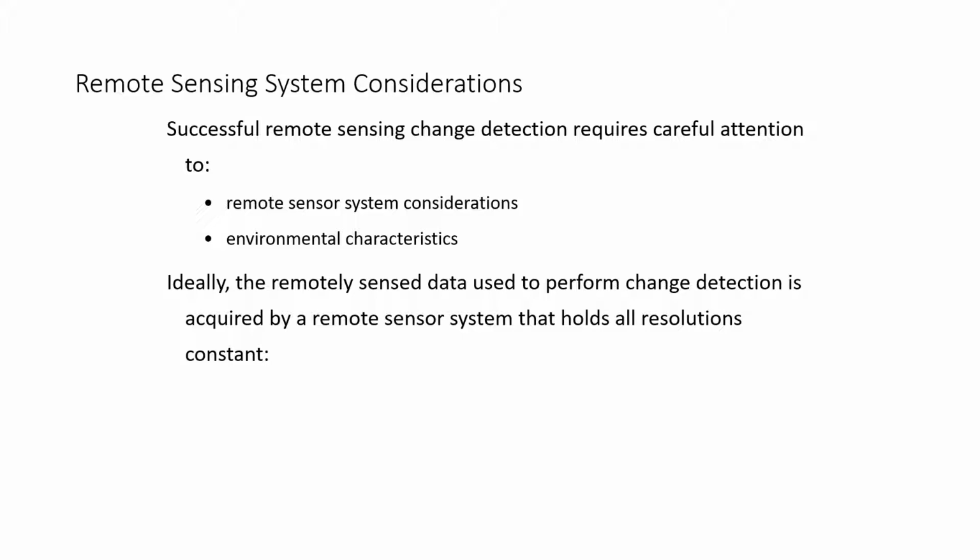And so when things are different, you know it's a change. Temporal, spatial and look angle, spectral, and radiometric are all different types of variability that we want to try to hold constant when we're doing this kind of work.